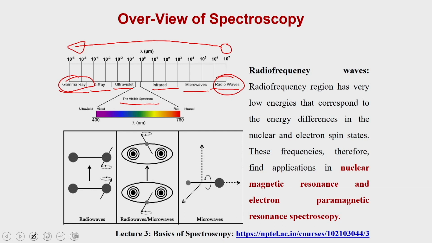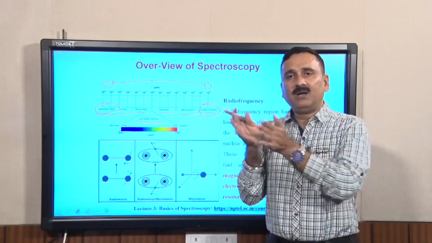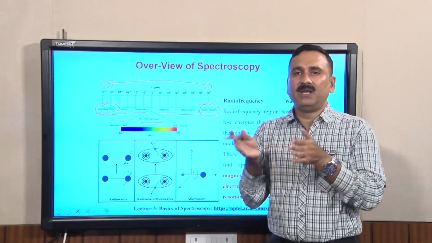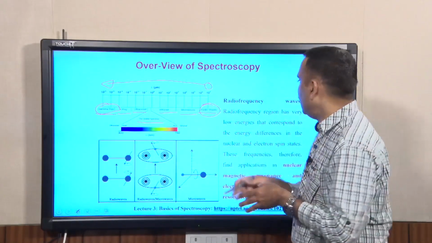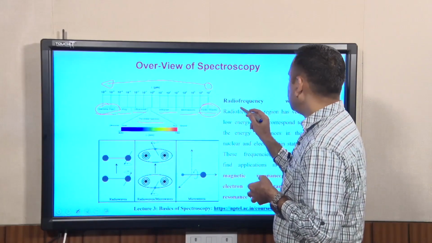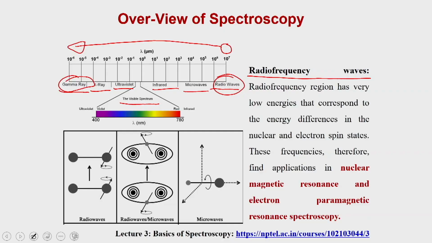All these different radiations can be used to map the different molecular processes which are happening within the molecules. The first molecular process which can be mapped with the help of the radio frequency or the radio waves: the radio frequency region has very low energy that corresponds to the energy difference in the nuclear and the electronic spin states.